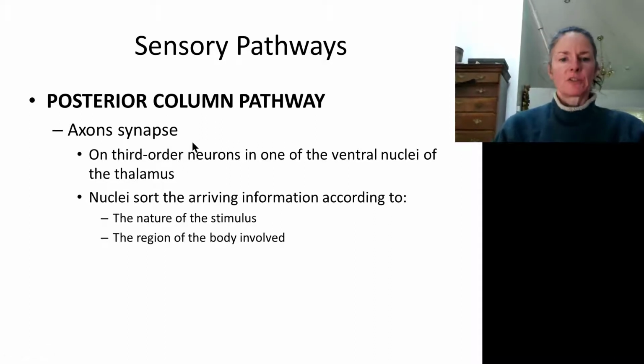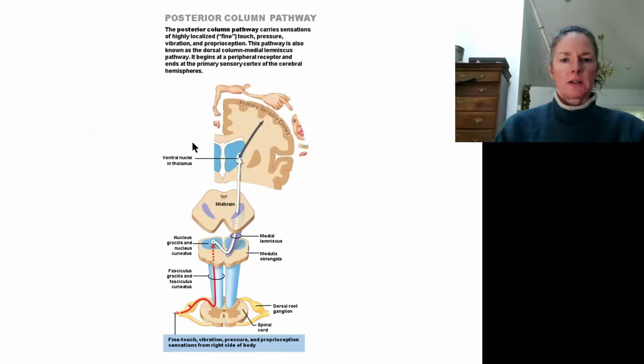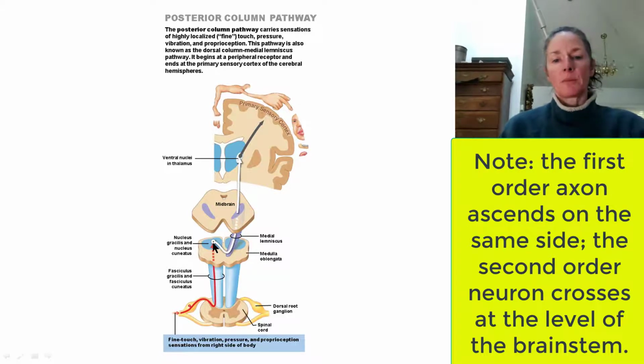All right, so here we're going to have a slightly different arrangement. So it's probably easier just to have a look at it. And here it is. So here we have our first order neuron coming in, and it's going to ascend the axon of this thing. It's not going to synapse immediately in our posterior gray horn. So this is our peripheral afferent coming in, our first order neuron, and its axon will continue in the spinal cord through these tracts, and it will ascend to our nuclei in the medulla oblongata.